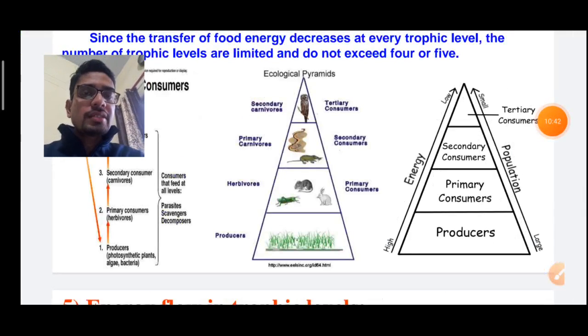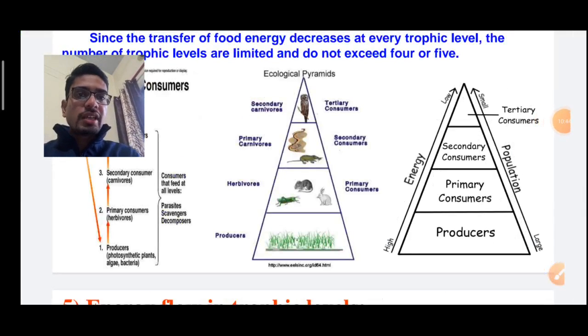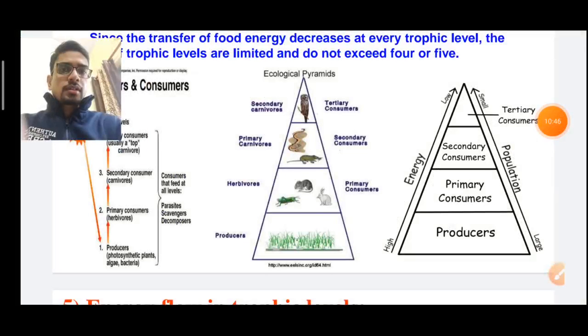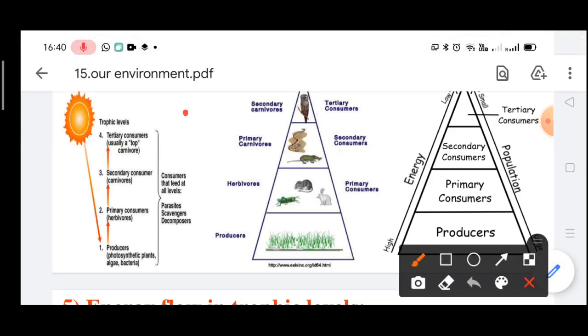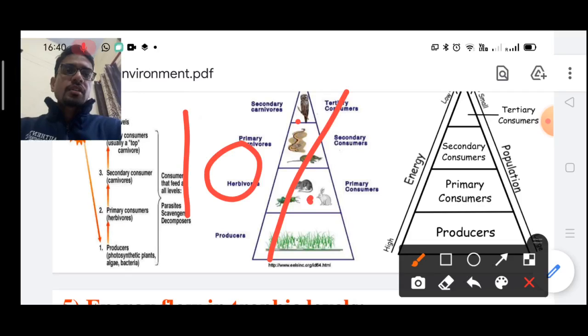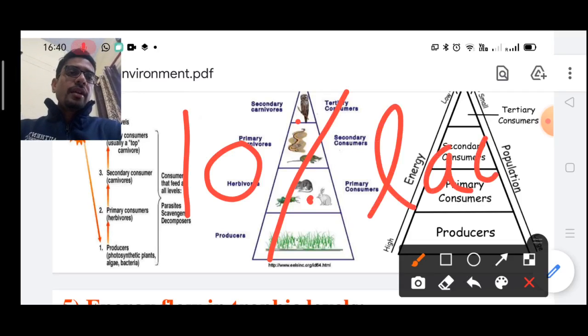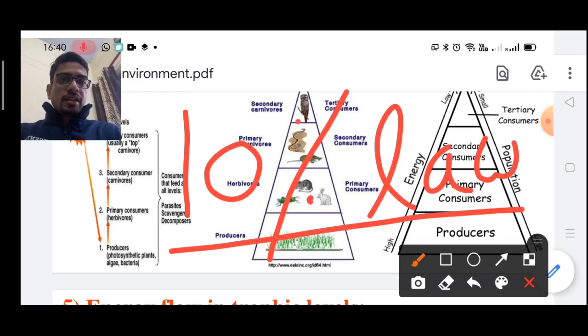Now the question arises, how does this energy flow take place? How is energy transferred from one trophic level to another? You have to note there is one law which is called the 10% law. Very important and very easy to understand: from one trophic level to another only 10% of the energy is transferred.